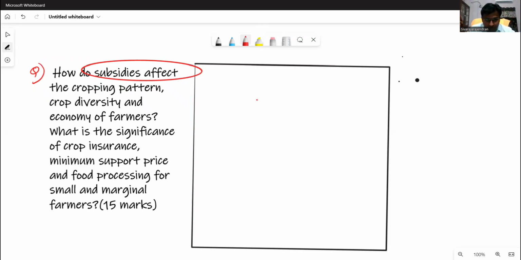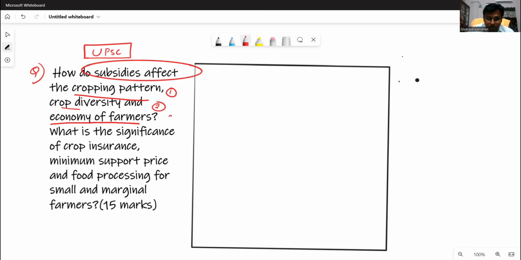Look at this point: how do subsidies affect cropping pattern, first; crop diversity, second. This is a UPSC question. Third, economy of farmers.